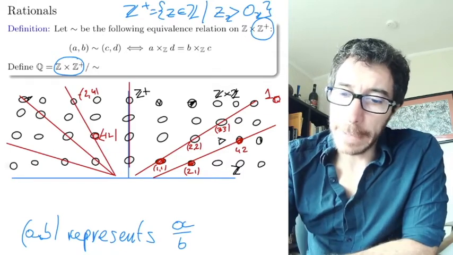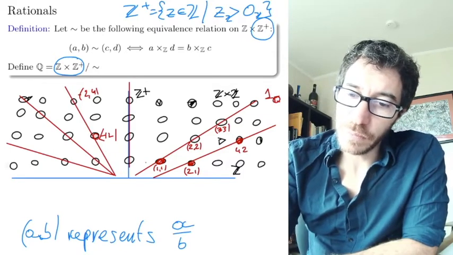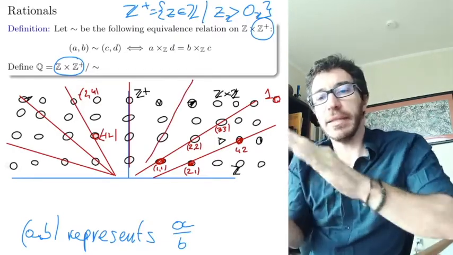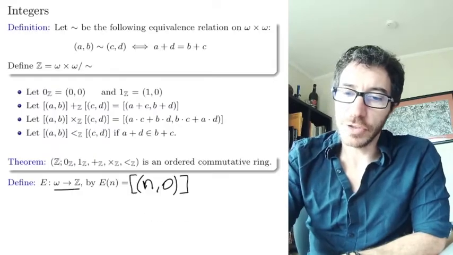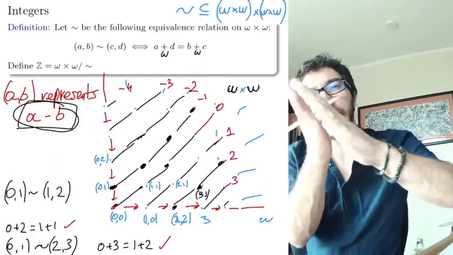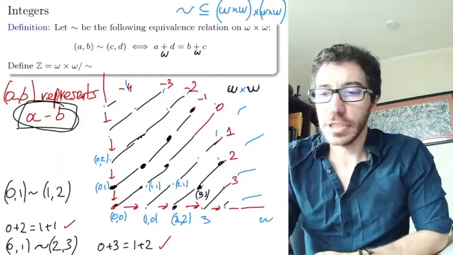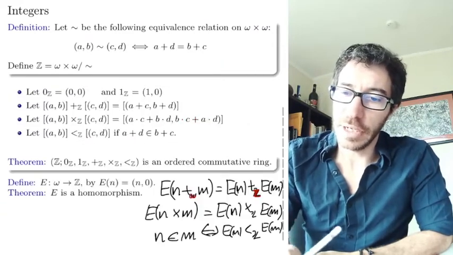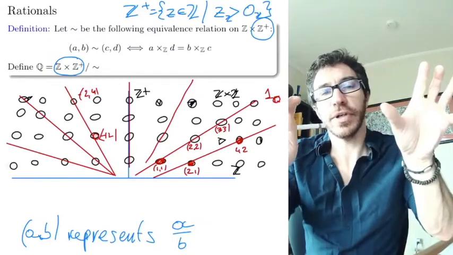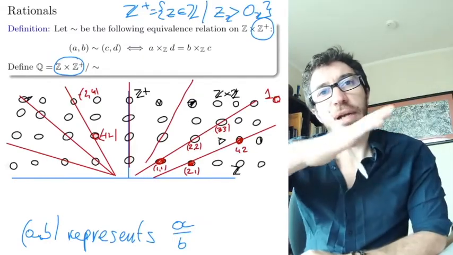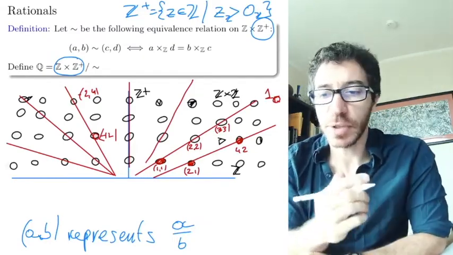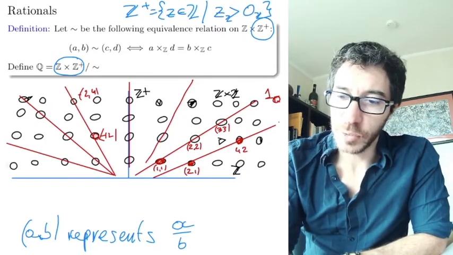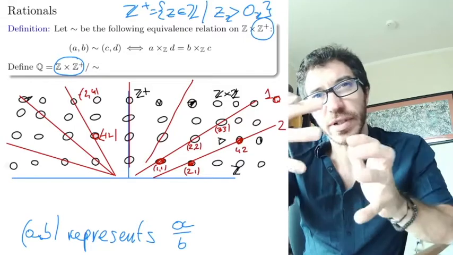Now our equivalence classes are still things in a line, but in the previous case we had a bunch of parallel lines giving us the integers. Now we can use the integers on the first coordinate, positive and negative, and we are just considering the angle, and the slope is the rational that we are essentially considering. So this one is going to be 2 over 1, well, it's the inverse of the slope.